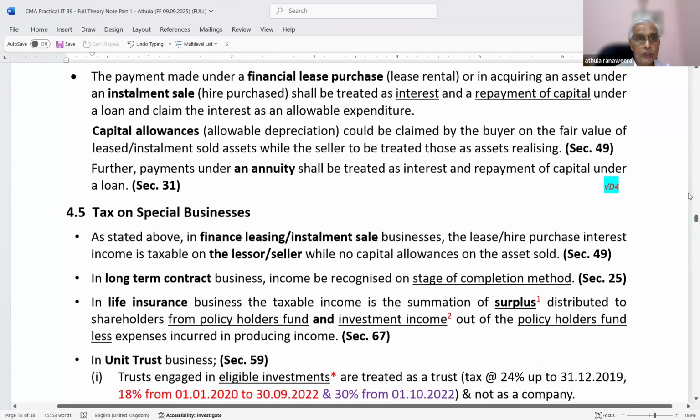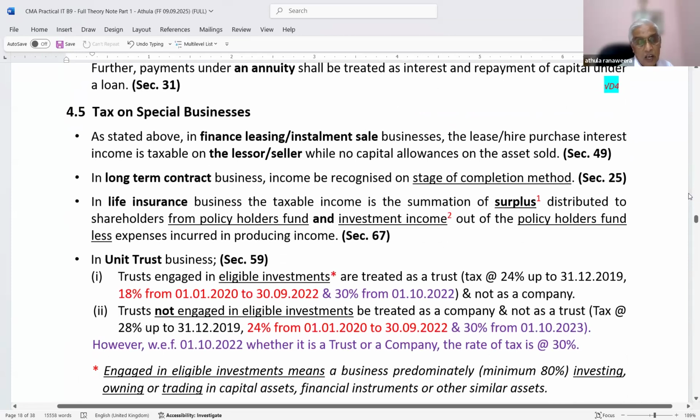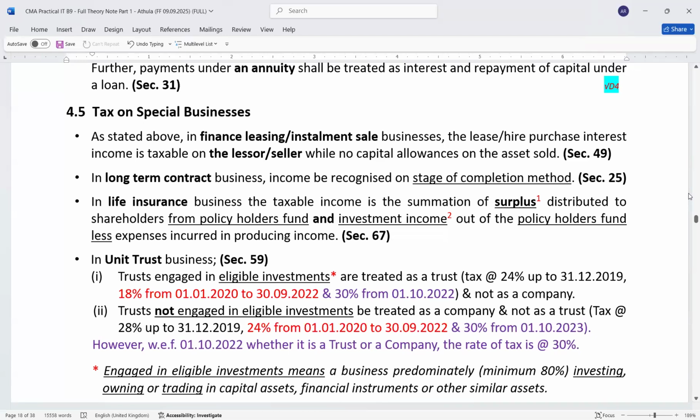Right now, tax on special businesses. There are a few businesses I have identified separately: leasing companies and hire purchase sellers. Now, they are not like the old Act, as I explained. For them, when they sell an asset on finance leasing, thereafter they can't depreciate that particular asset.